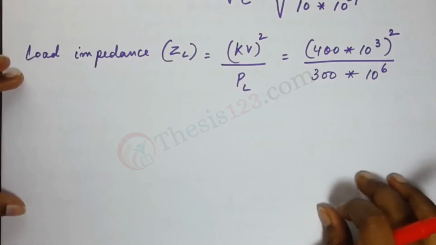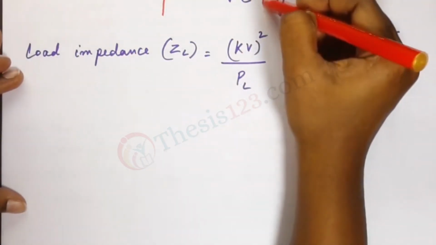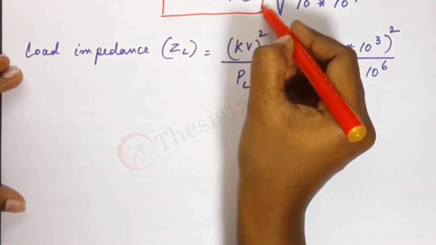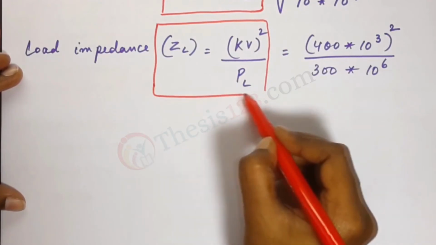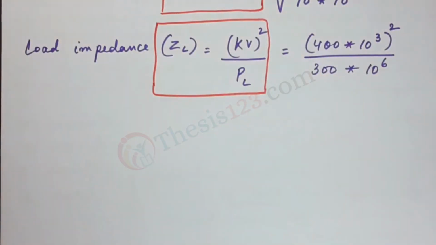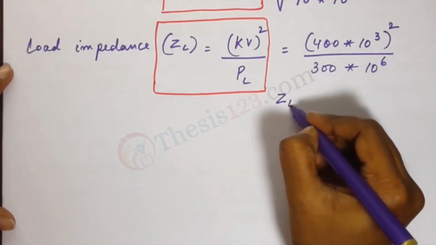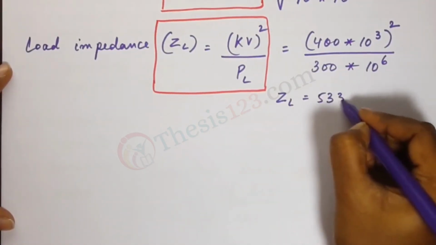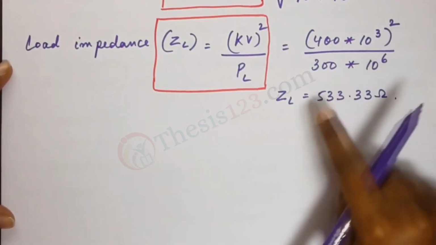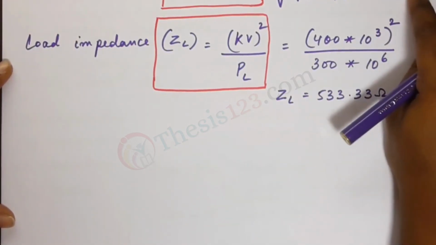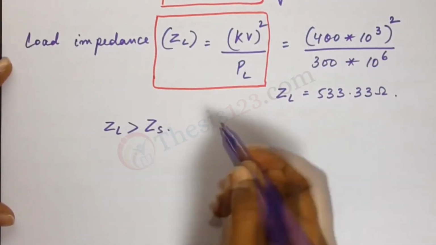All these formulas you will have to remember. It's good to keep in mind the surge impedance formula and the load impedance formula as well. Calculating the load impedance, we get ZL equal to 533.33 ohms. Now this tells us that the load impedance is greater than the surge impedance, so ZL is greater than ZS.